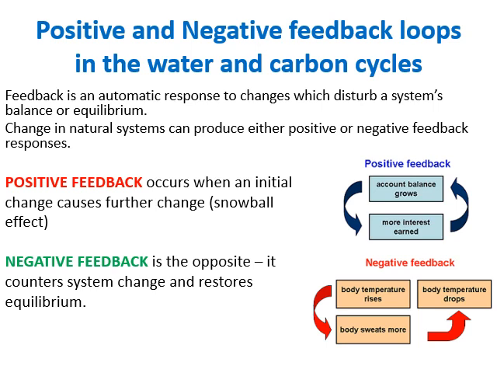So negative feedback is where the change happens and in response it manages to counter that change and restore equilibrium. Positive feedback is where that initial change snowballs, and that initial change leads to further change, which leads to further change, and that system sort of gets out of control.